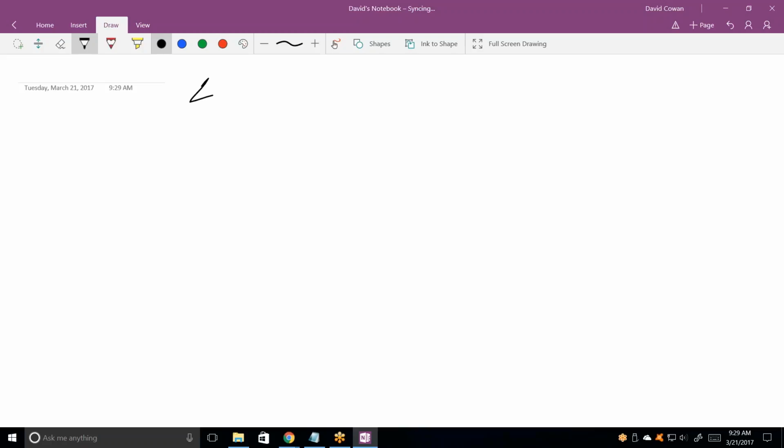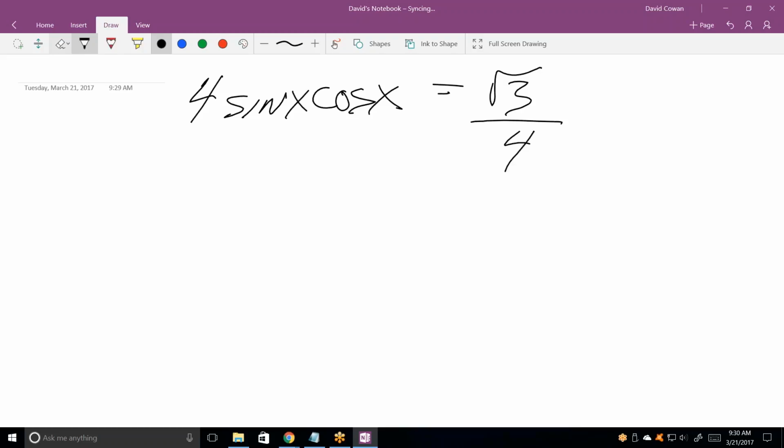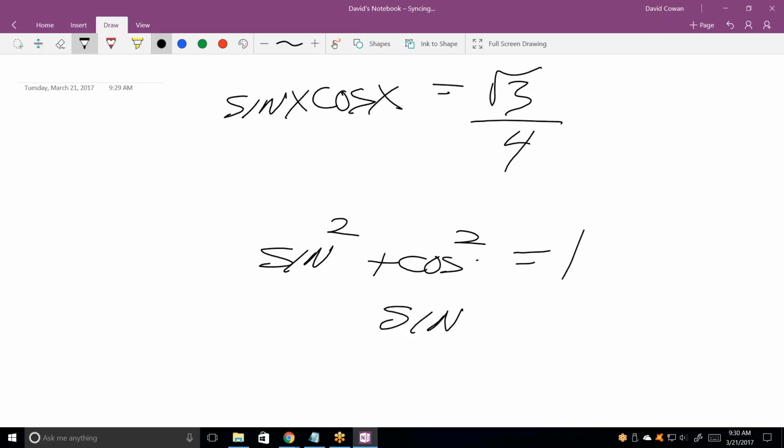So 4 sine x cosine x equals root 3. Let's see, I guess, given that sine squared plus cosine squared equals 1, I want to make one of them in terms of the other.